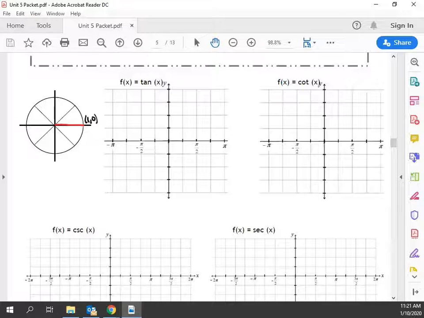What are the coordinates halfway through, guys? Halfway. What's 45 degrees? What's at the top? What ends up being the next? We are in quadrant 2, so what? Negative.